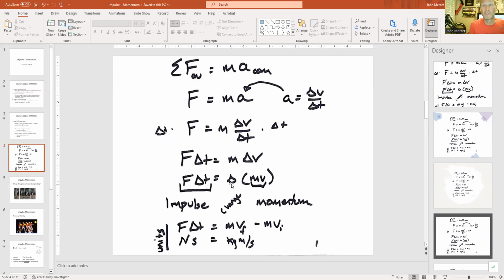If the question is, which of the following is the equation for momentum, it's important that you only pick the equation that says mass times velocity. The delta mv is a change in momentum. Momentum itself is the product of mass times velocity. Our units for impulse are newton seconds, and our units for momentum are kilogram meters per second. And again, there's a separate video going through that in more detail. So that's our equation, F delta t equals delta mv, or mvf minus mvi.